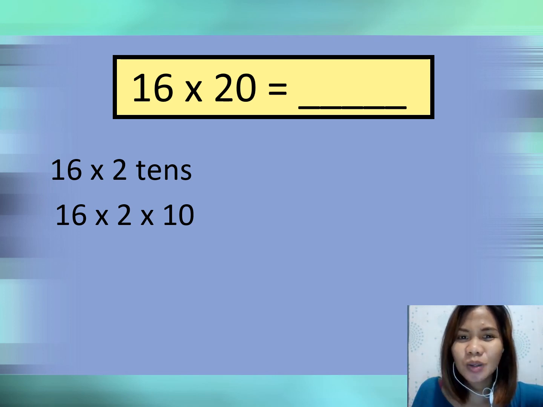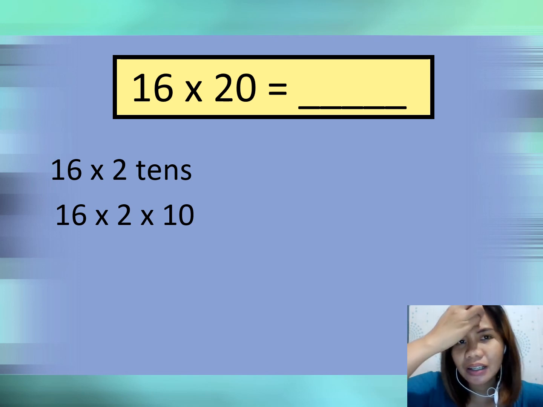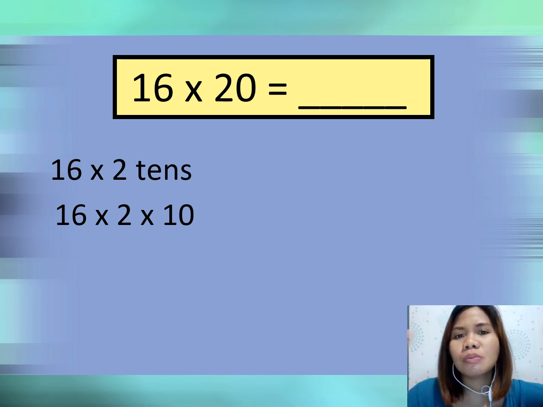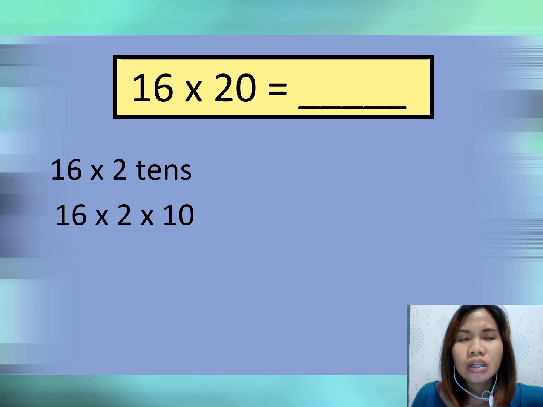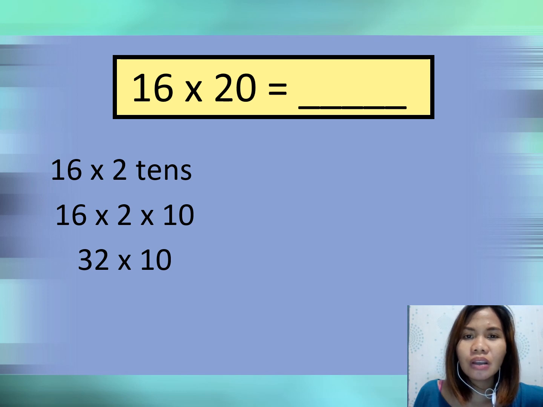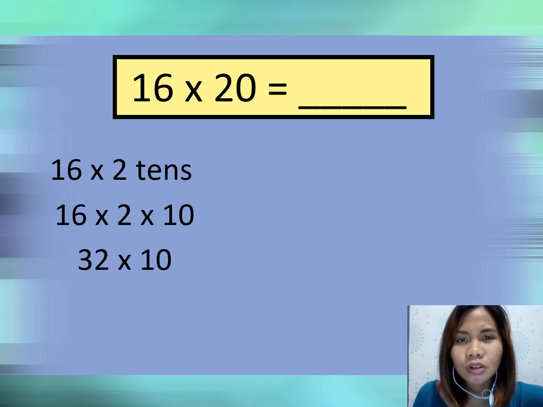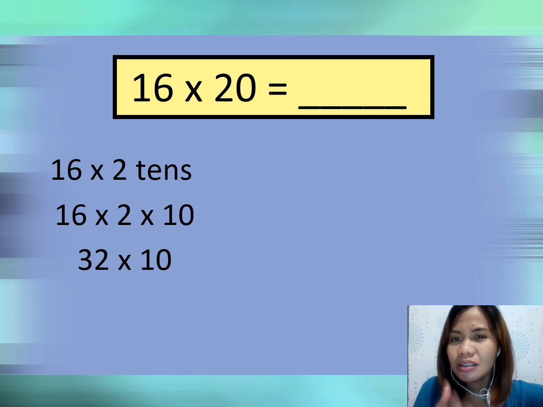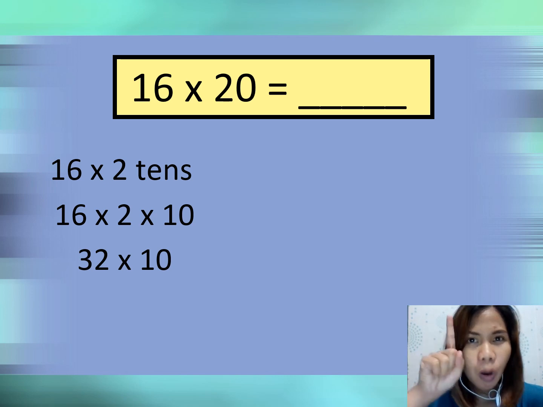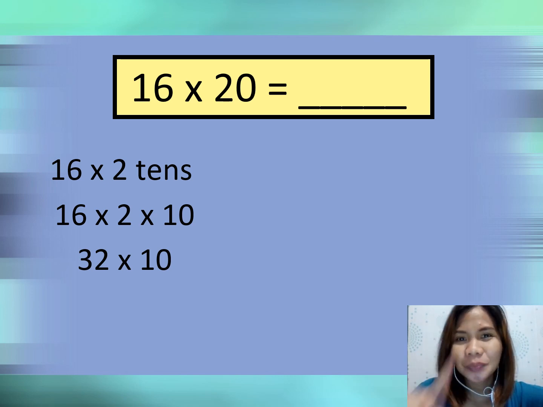It's easier to multiply 16 and 2, that gives us 32. And still you have to multiply this 32 by the 10. You just have to copy the number and attach one zero, right? So the correct answer for this question is 320.